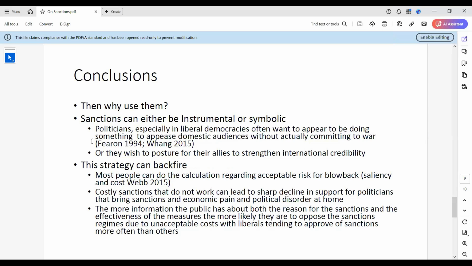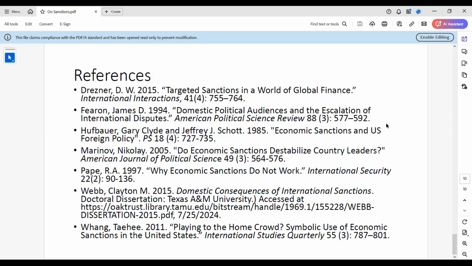But it can backfire in situations where people know that the sanctions are just a joke and not going to work, and they impose more costs on the people in the sending country than on the actors in the target country. That's where you just summarize that. And there's my references. All right, so go ahead, Josh.